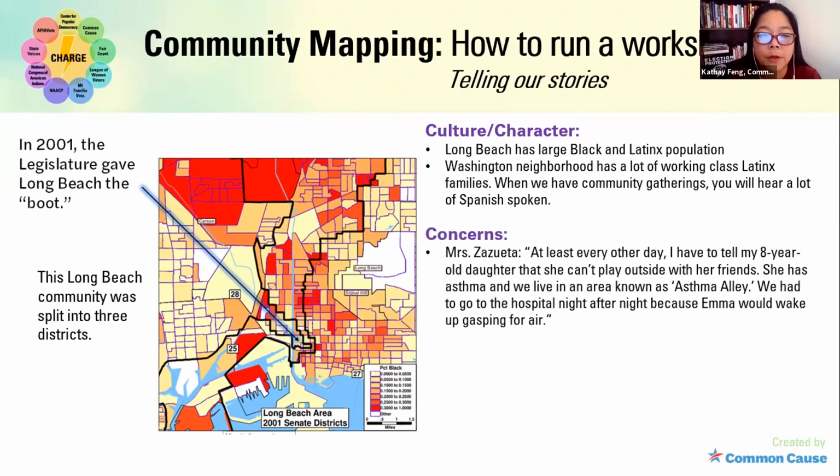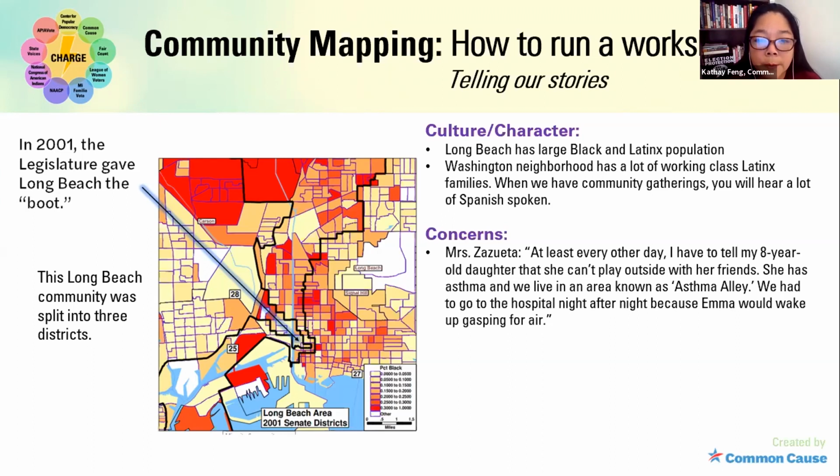Now, what are some of the concerns? There are 2 ports, as I said, in this area. These Long Beach neighborhoods experience traffic and pollution from the nonstop caravans of 18-wheelers driving on the freeways, carrying goods that are shipped to and from these ports. They're picking up cargo containers of things that people are ordering now that we're all in lockdown, to be delivered to their houses.